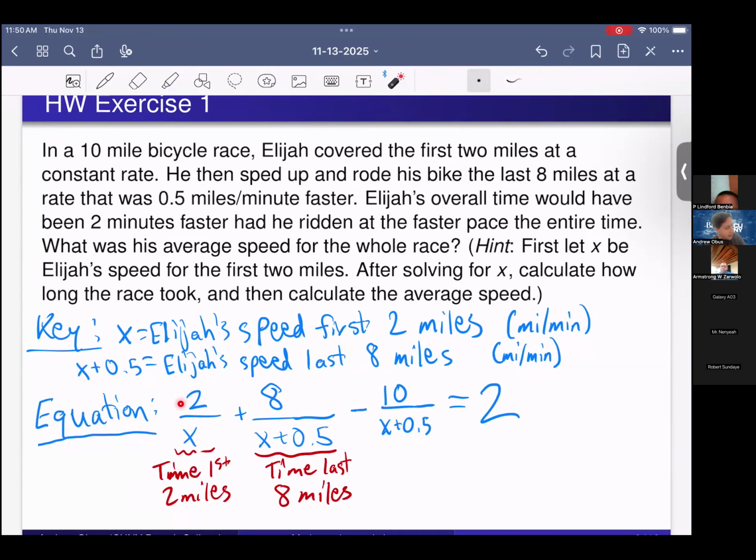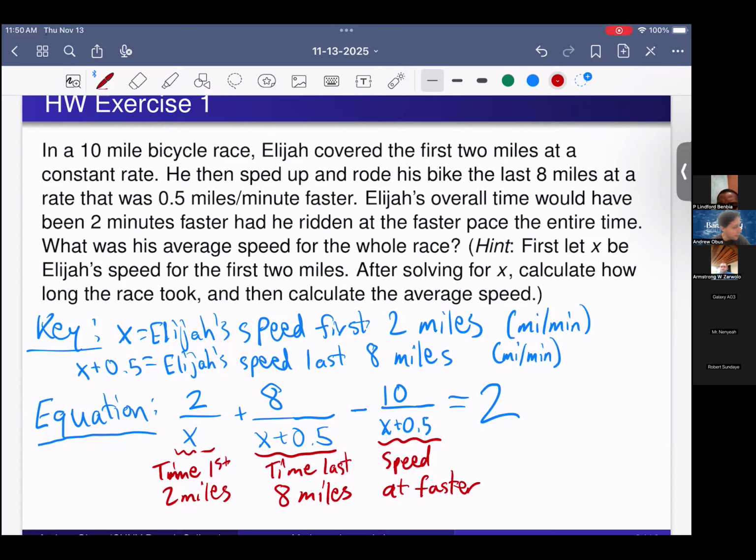Because this is speed divided by distance equals time, right? Speed divided by distance is time. And then over here, we have this would be the speed at the faster pace.